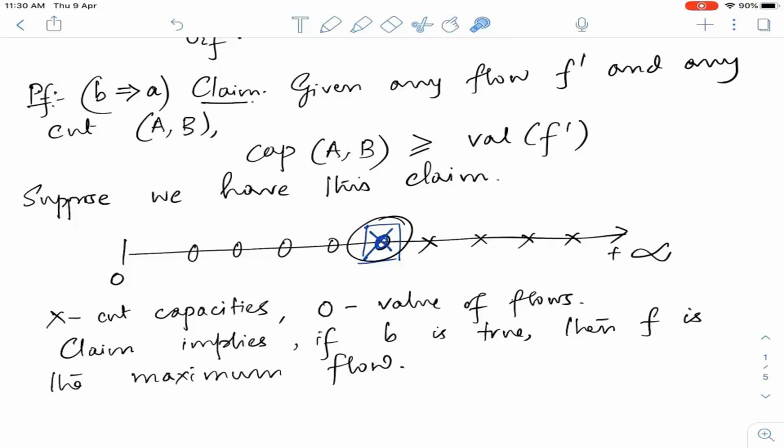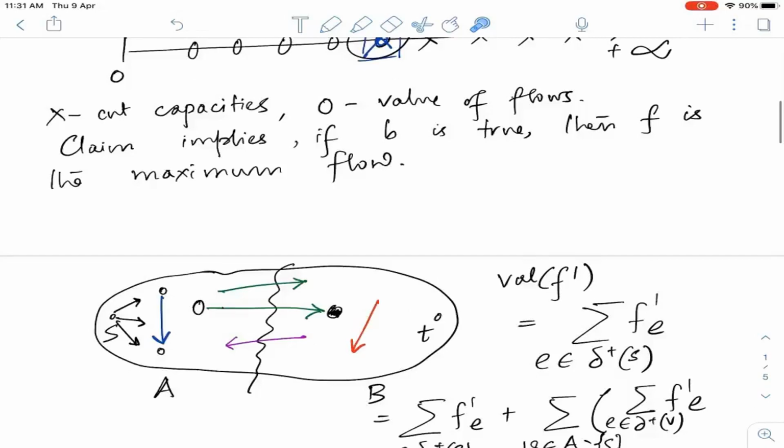So the crosses cannot go on this side, and the circles cannot go on this side, which means that the minimum capacity of any ST cut is equal to the value of the maximum flow in the graph. So this gives you the classical max flow equals min cut theorem.